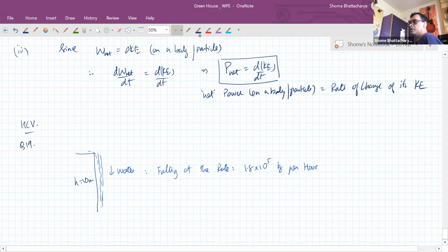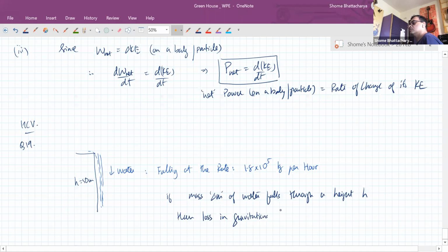So what we can understand is that if mass delta m of water falls through a height h, then the loss in gravitational potential energy is minus delta m gh.